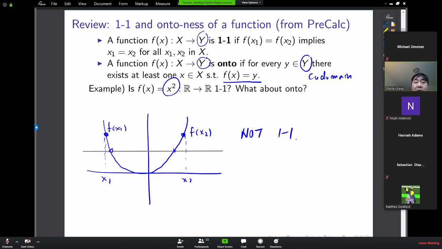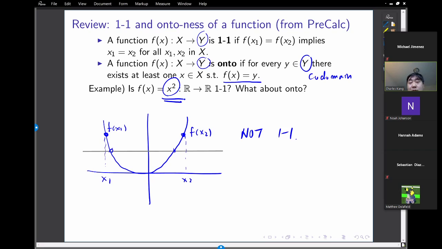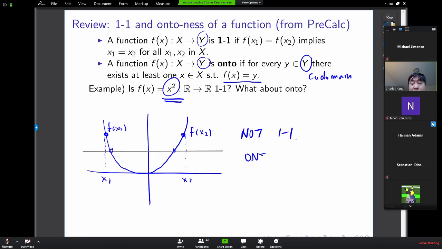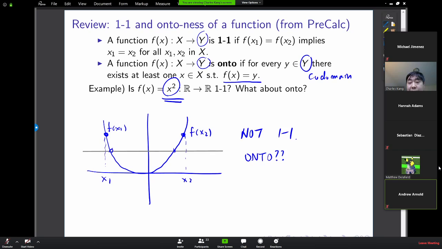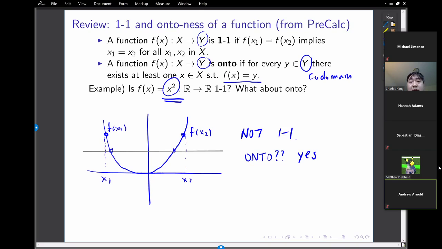So is this function x squared function onto? Yes. Who was it? Andrew. Okay, maybe there's a delay.